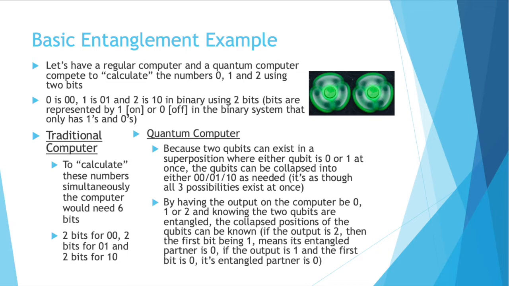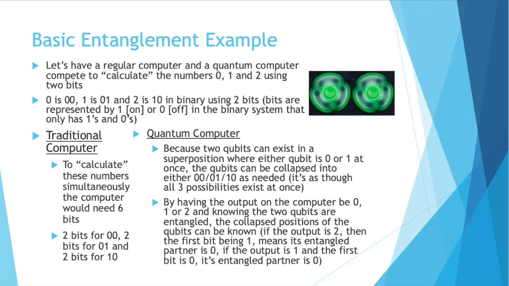So we know the answer, we just don't know the value, but we can compare against the answer to see what is correct. With a traditional computer, you would have to compare all three possibilities. You would need 6 bits. With a quantum computer, if we know just a little bit about the answer without knowing the exact setup of the answer, so we don't know the value, but we can check against it somehow, we can collapse our 2 qubits to be the answer that meets the criteria to be correct.